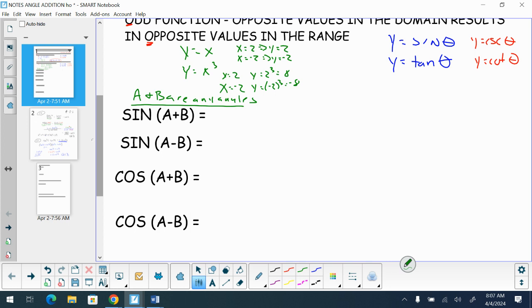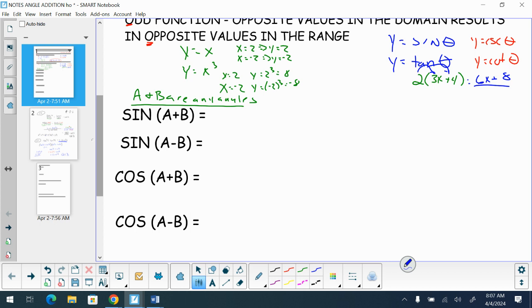You've gone through the world if you had 2(3x plus 4), using your distributive property to give you 6x plus 8. 2 times 3 and 2 times 4. That's what you have been programmed to realize when you see parentheses. The problem we run into when we deal with angle additions is it doesn't work that way.